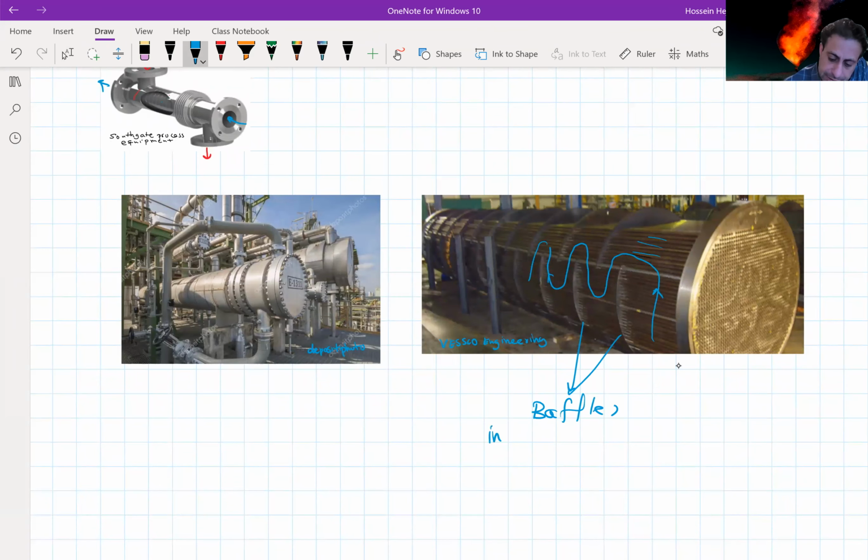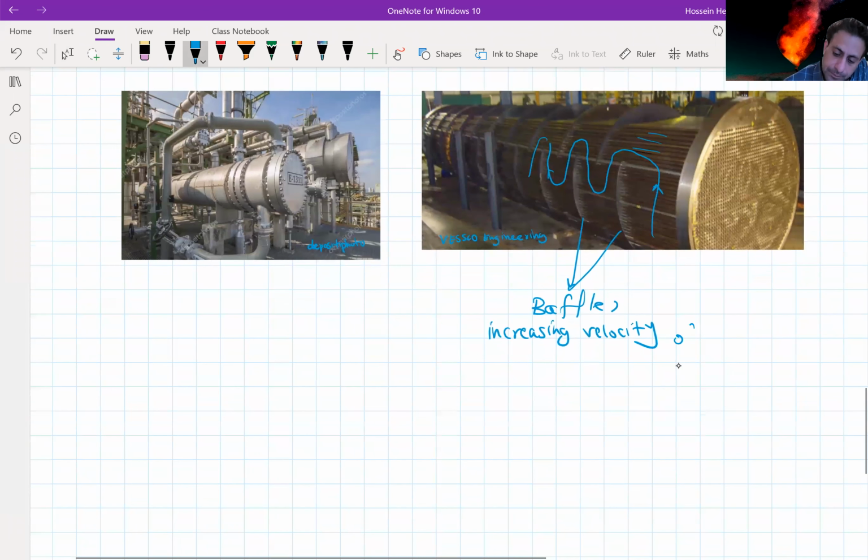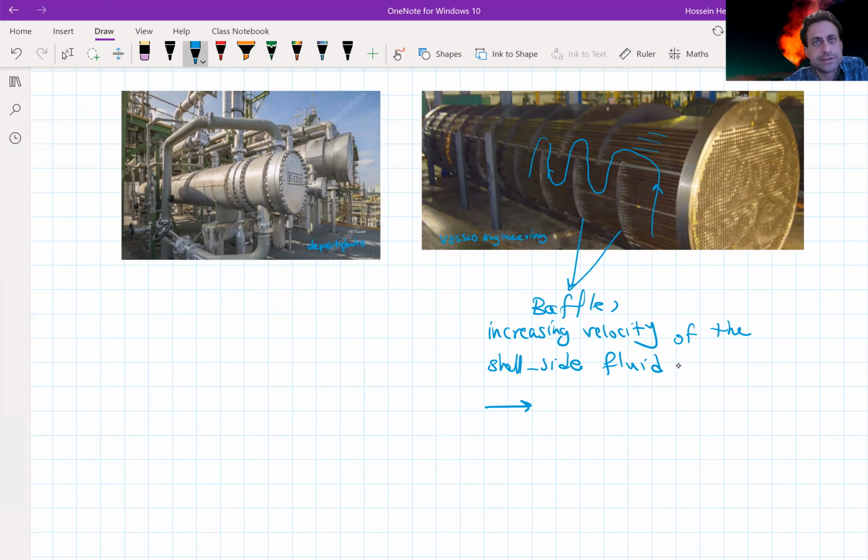Generally, they are increasing the velocity of the shell side fluid, and we are getting either to turbulence, or by increasing the velocity they improve the heat transfer coefficient, something that you have seen before, how we can evaluate the transfer coefficients.